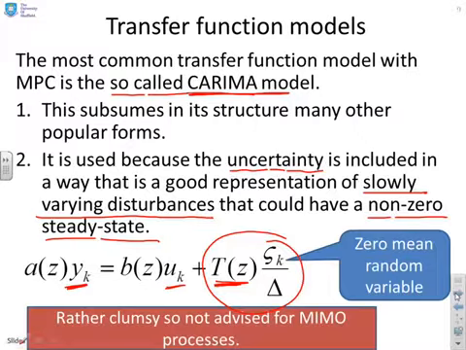Now, just a warning, while this works quite well for single input, single output systems, it's a little bit more clumsy if you need to go to multivariable processes. So you will find some papers in the literature that have done transfer functions and multivariable processes, but generally, once you go multivariable, people move to state space because it's easier.